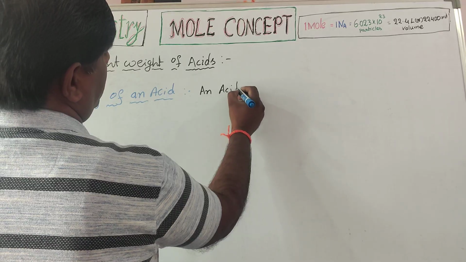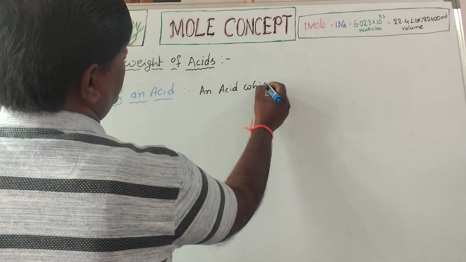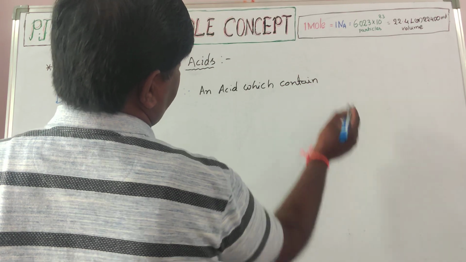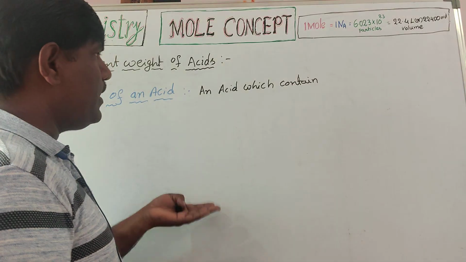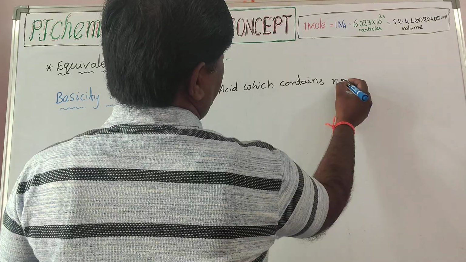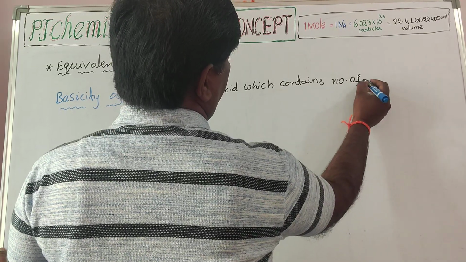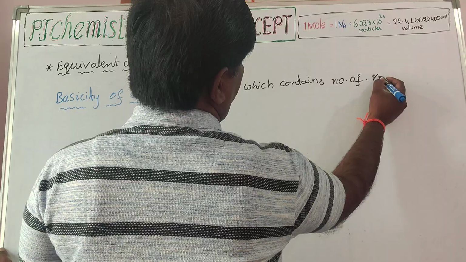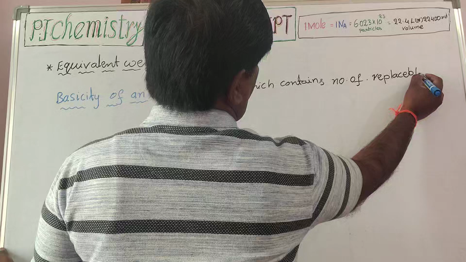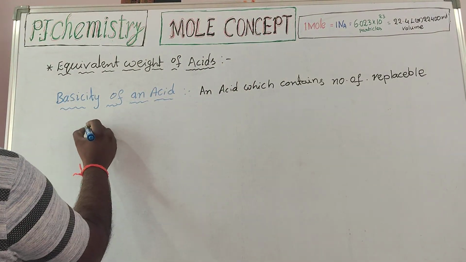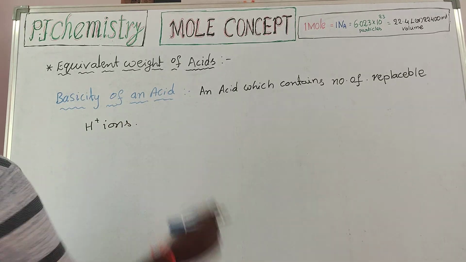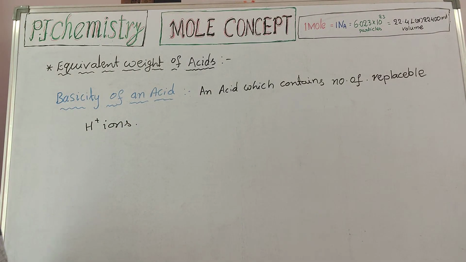An acid, which means it gives H+ ions. An acid which contains a number of replaceable hydrogen ions, H+ ions, is known as the basicity of an acid.